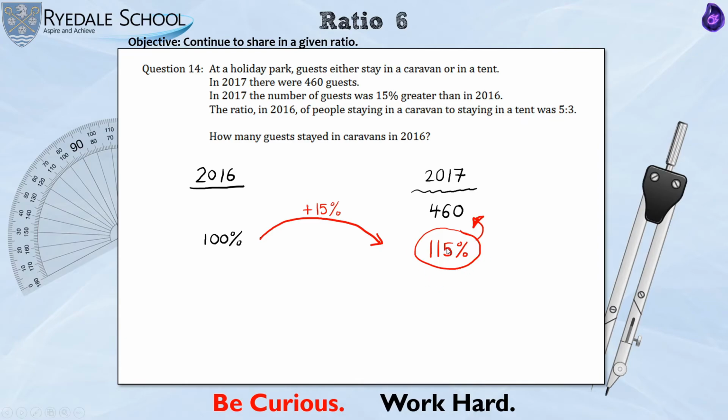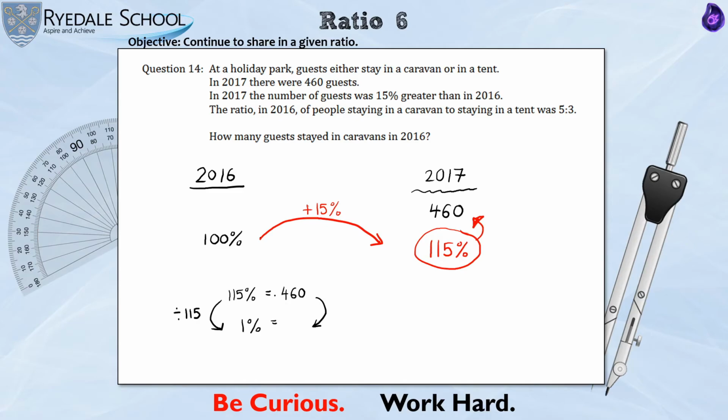So how can I use that information to get back to what 100% is? Well, let's just set up a little equation. So I'm going to say 115% equals 460. If I want to work out 1%, I would divide by 115, because 115 divided by 115 equals 1.